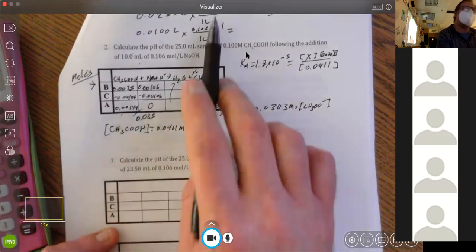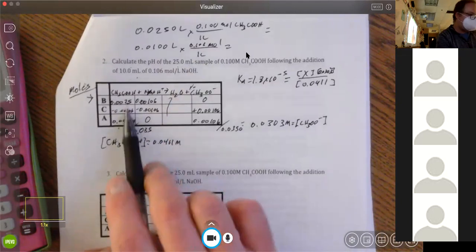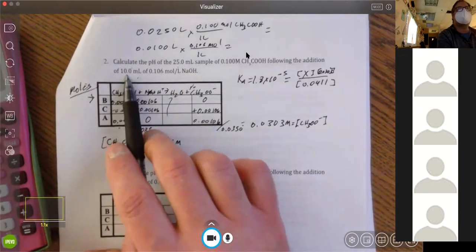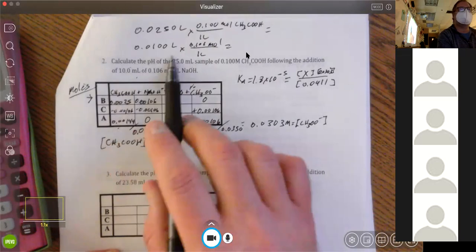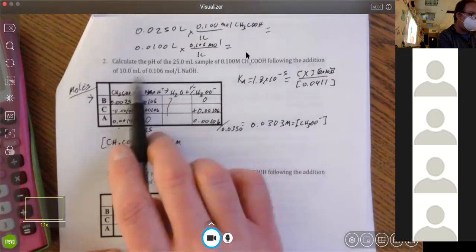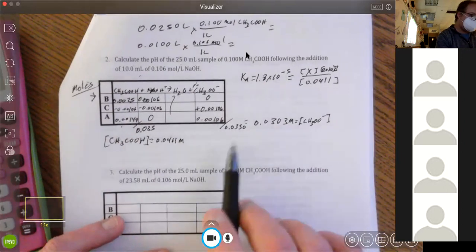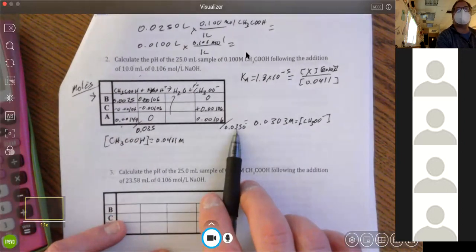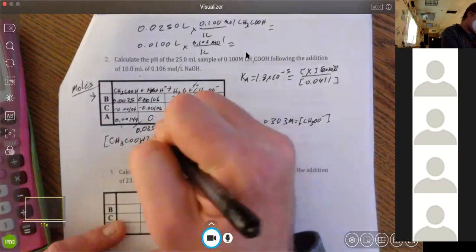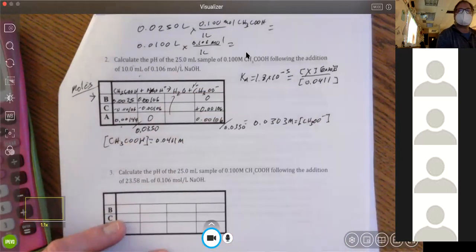So we changed everything to moles up here, and these are all moles. Another reason we don't have concentration here is because we're adding these two together. That's going to change the volume, which is going to change the concentration. So that's the new volume, 0.0350. Does that help? Yeah.